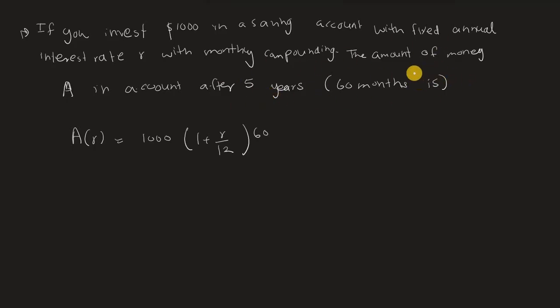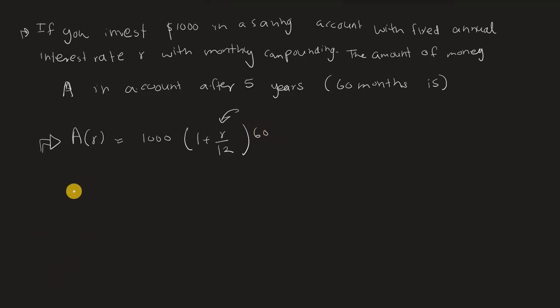We're given this amount function, where we put the original cash that was deposited, and we replace this R. This is the annual rate, and this 12 is 12 months, and this is the 60 months that we have over here.